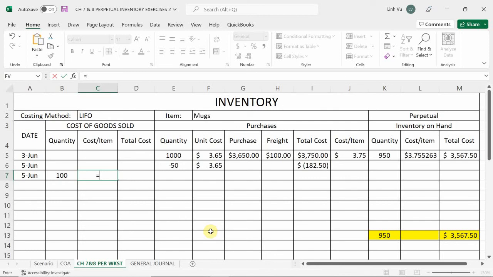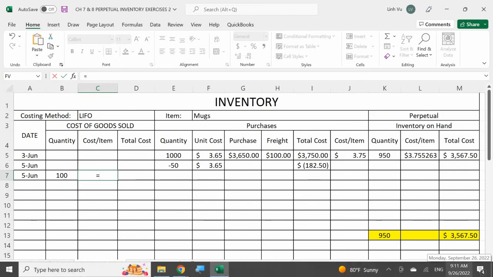So in this case, how much does my current batch of 950 units cost me per item? Is it $3.75? $3.75 point what? 3.755263.